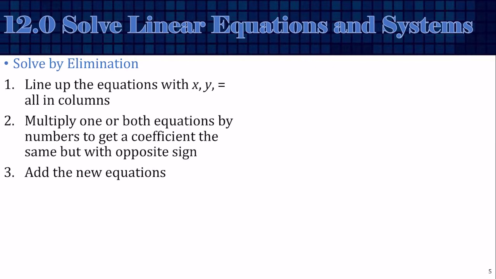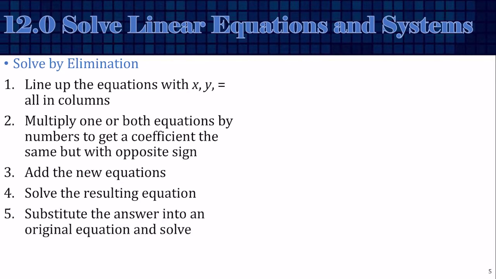Then you add your new equations, and you solve the resulting equation. What will happen if you did that correctly, either the x or the y will disappear. After you solve your equation, you'll have one of the answers. Plug that back into one of the original equations and find your other variable and write your solution as x, y.